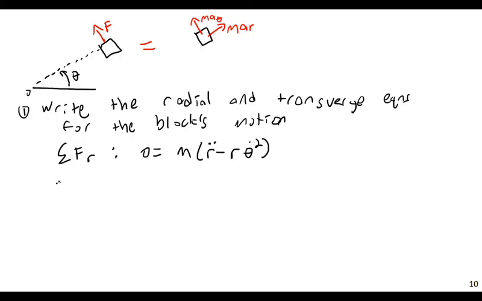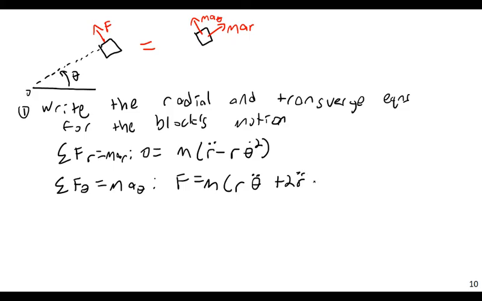This is based off of MAR, and the summation of forces in the theta direction, the transverse direction, is equal to MA theta, which is then equal to F, the force F here, F equals M times R theta double dot plus 2 R dot theta dot.